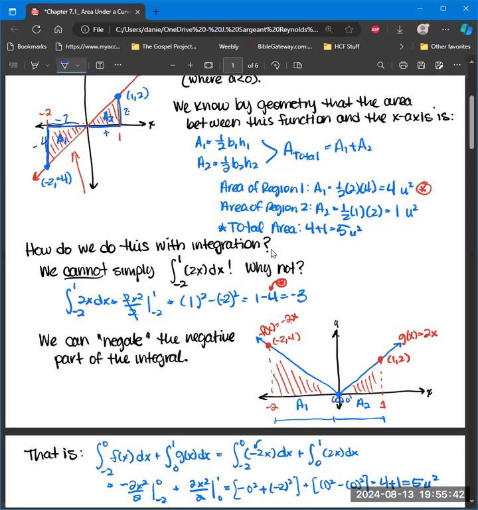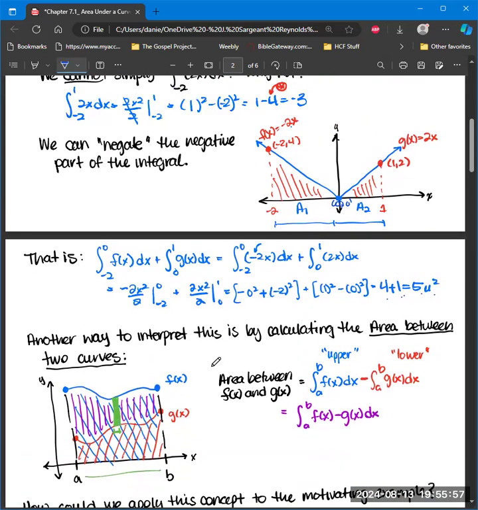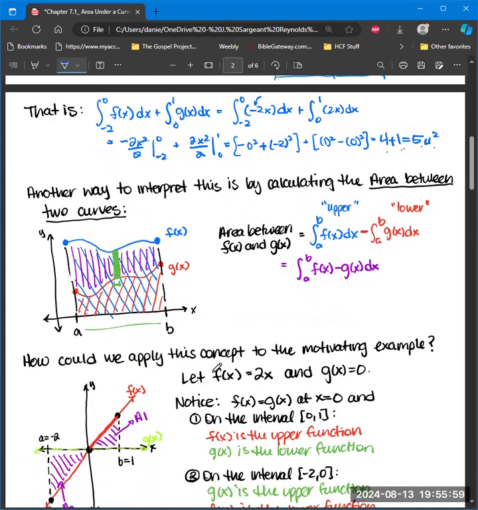We integrate those two pieces individually and then add them together, and we get the same areas of 4 and 1 that add to 5. Again, we did all this in the Calculus 1 notes, so you can go back and watch that video for a slower example of this if you want. I'm just going quick because this is a refresher.